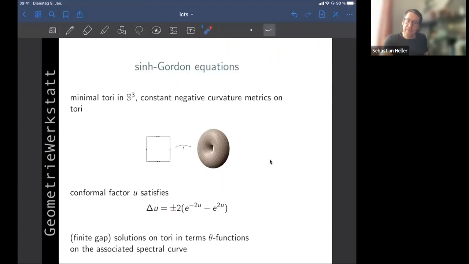But in general, the formulas, of course, become quite complicated, but still you get a complex analytic way of describing solutions of these partial differential equations, which is quite interesting, at least for me, and is used quite often in mathematical physics to describe certain types of solutions of related equations.